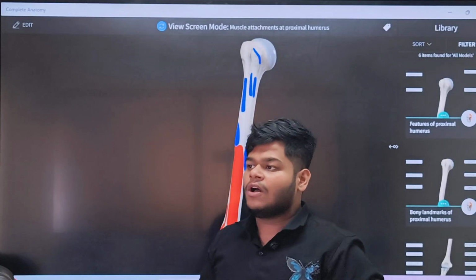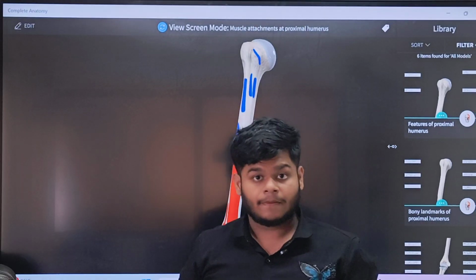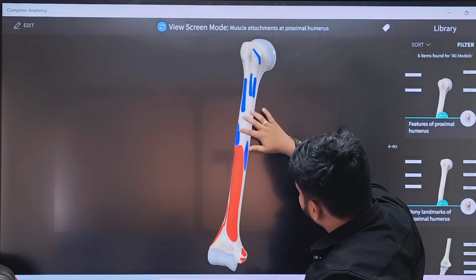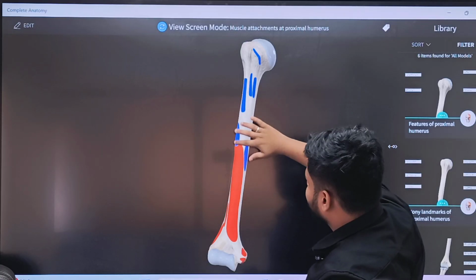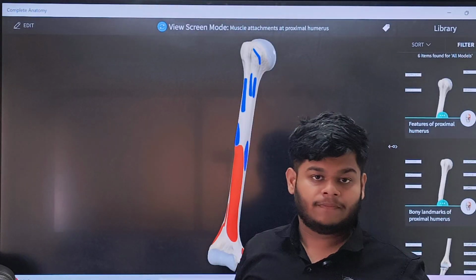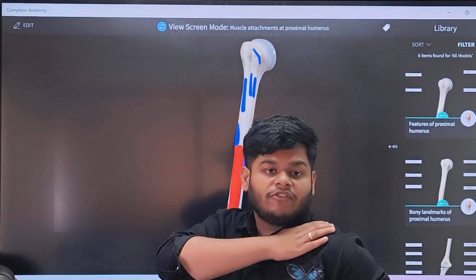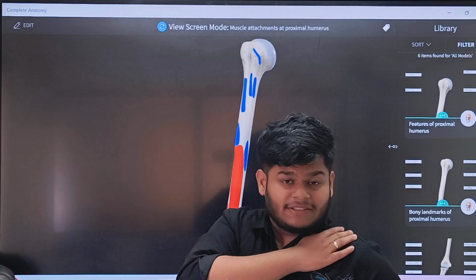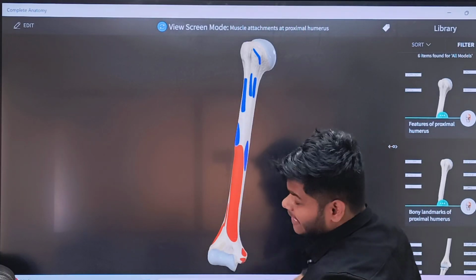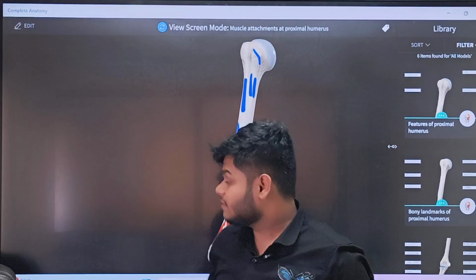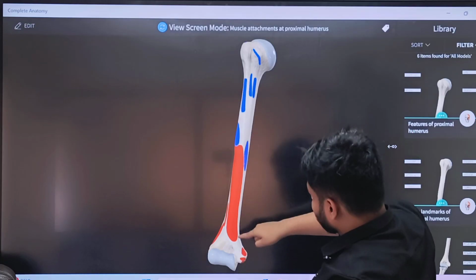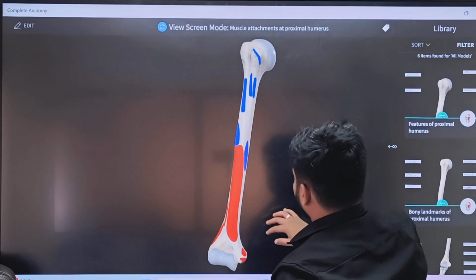Now on the anterolateral surface, there is the deltoid tuberosity, and here there is the insertion of the deltoid muscle. This shoulder cap muscle we have seen in previous classes also. Now here there is the brachialis muscle. Red color means origin, blue means insertion. There is the origin of the brachialis muscle.